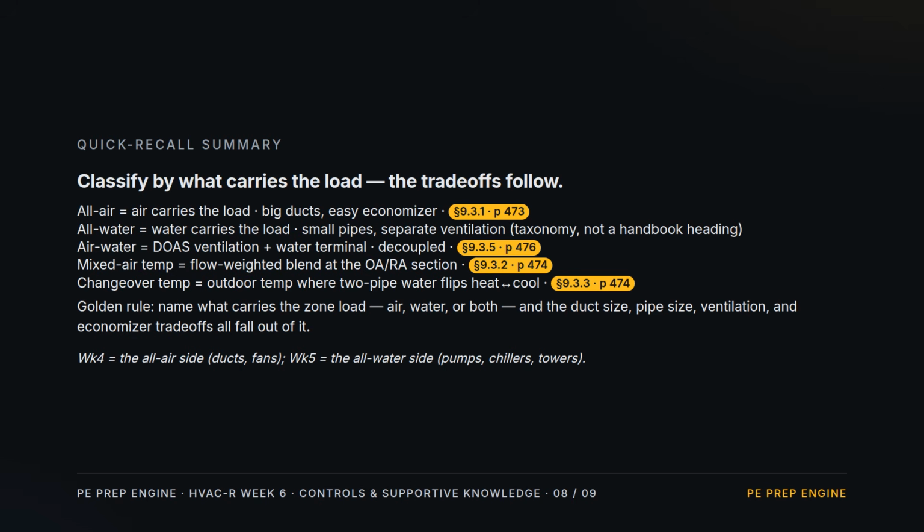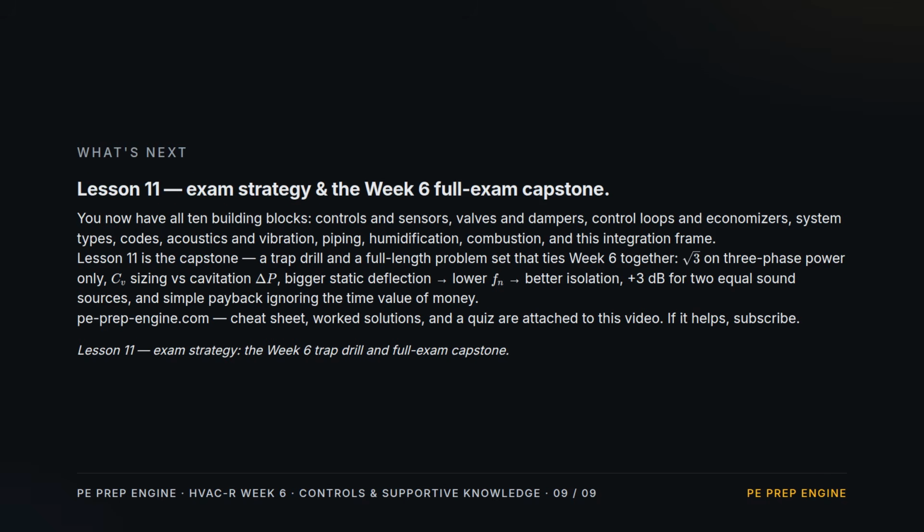And the changeover temperature is the outdoor temperature where a two-pipe water system flips between heating and cooling. Golden rule: name what carries the load, and the duct size, pipe size, ventilation, and economizer trade-offs all fall out of it. Next up, Lesson 11, Exam Strategy and the Week 6 Capstone.